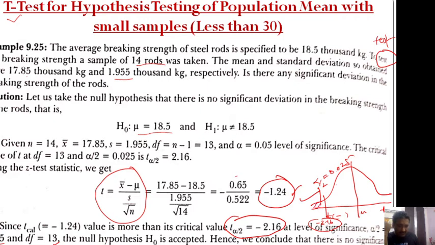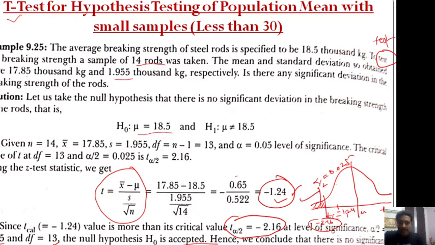So where this area ends, the value of t would be minus 2.16, and the calculated value, minus 1.24, would be to the right of this value. So this value is not coming in the critical region, that's why we would accept h naught. The same concept we used in the z-test. I hope it is clear now why we are accepting h naught here.